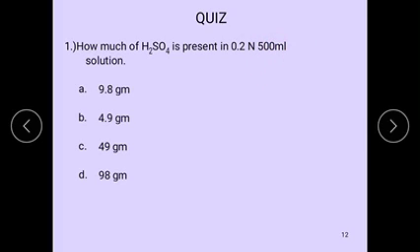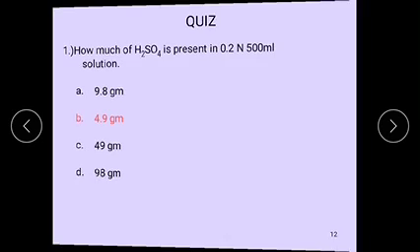The substitution of those values: 0.2 into gram equivalent weight of H2SO4, 49, into 500 ml by 1000, that equals 0.25. Then from that we get 4.9 grams.